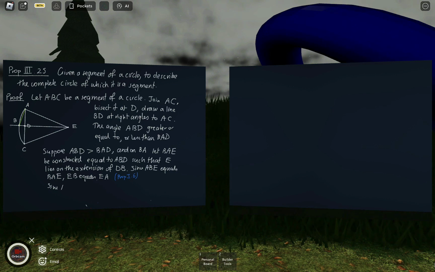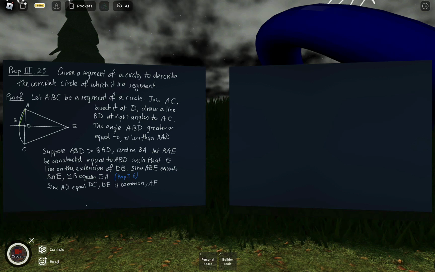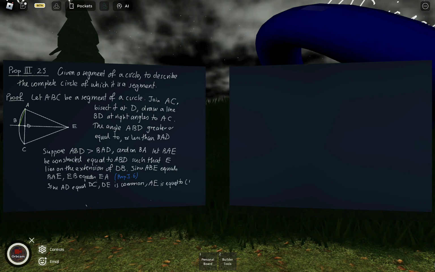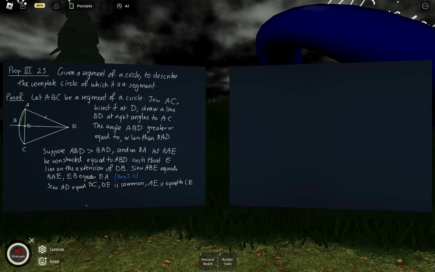Since AD equals DC, yes, it's bisected, and DE is common, etc., etc. I'll just skip the argument. We understand this. AE is equal to CE. Right, because they've got the same angles, and yeah. Okay, so AE and CE are equal.